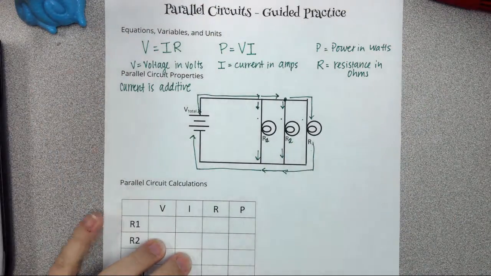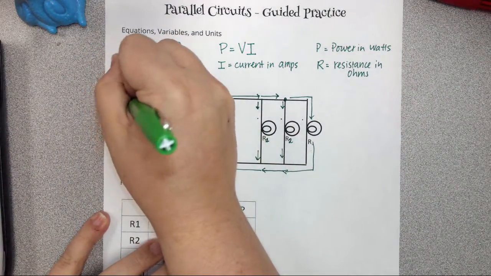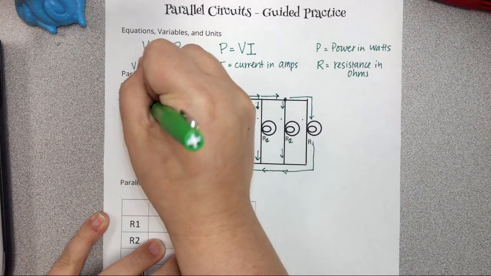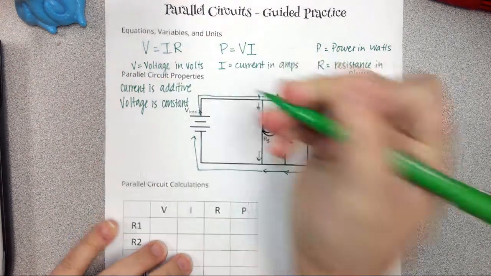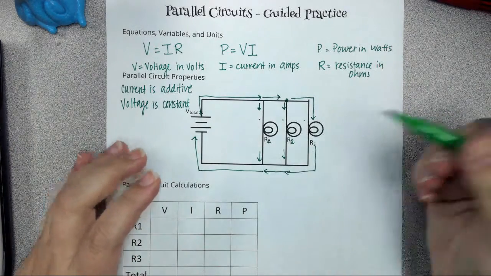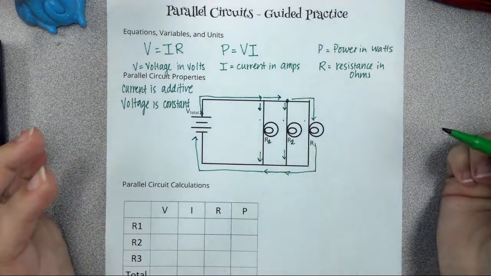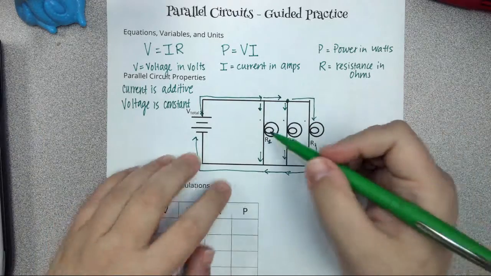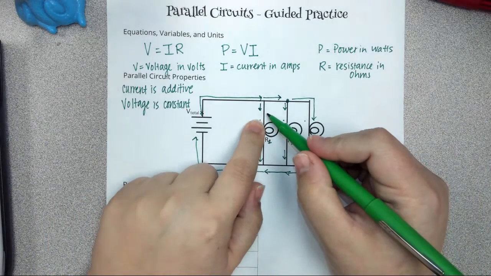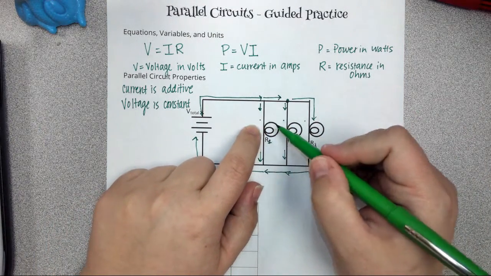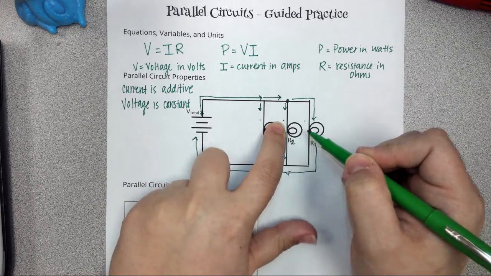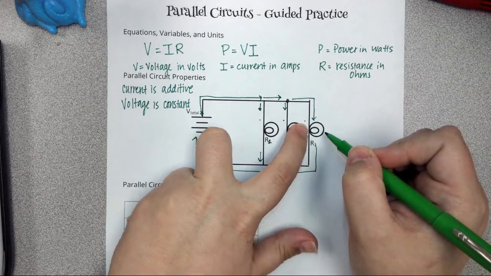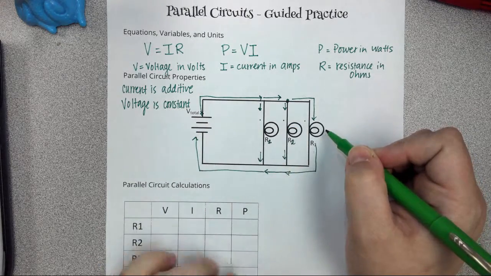I'm going to skip resistance because it's a little bit scary. So voltage is constant. When we say constant, we don't mean that it's the same at all points around the circuit. We mean that the amount of energy that we lose in the first branch is equal to the amount of energy that we lose in the second branch, which is equal to the amount of energy that we lose in the third branch.